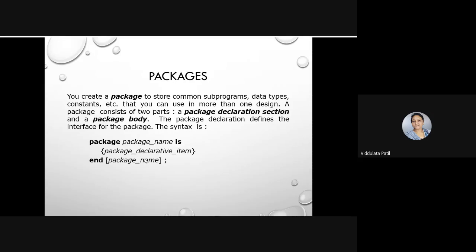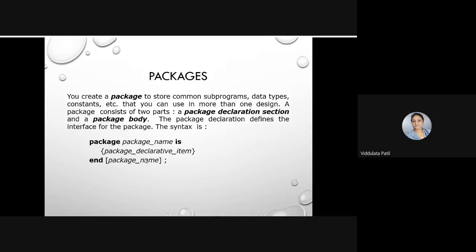This package consists of two parts: one is the package declaration section and the other is the package body. We have already discussed packages when we discussed libraries, but in continuation with subprograms, I am discussing this part again.